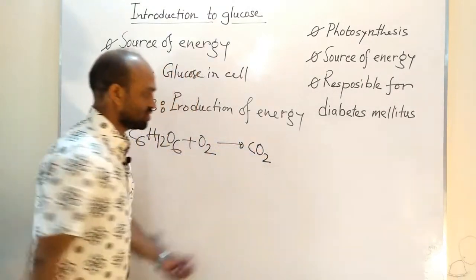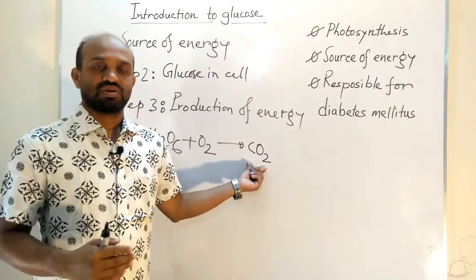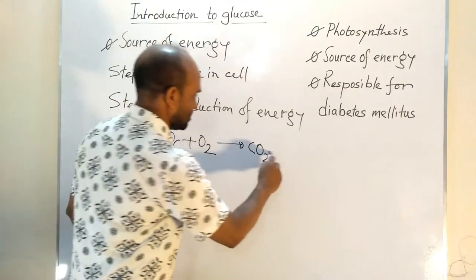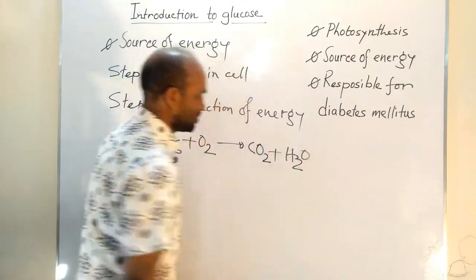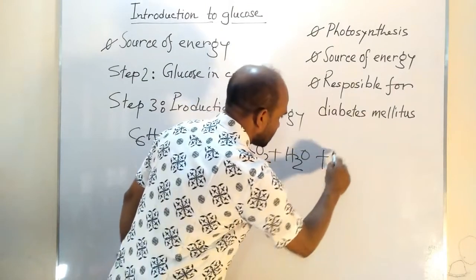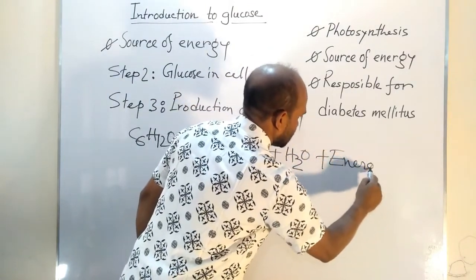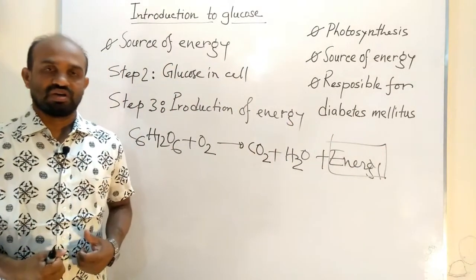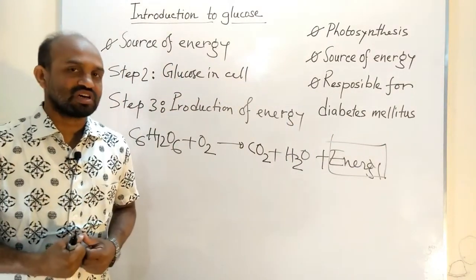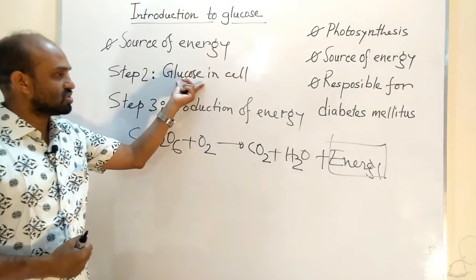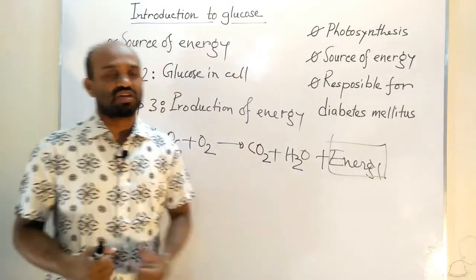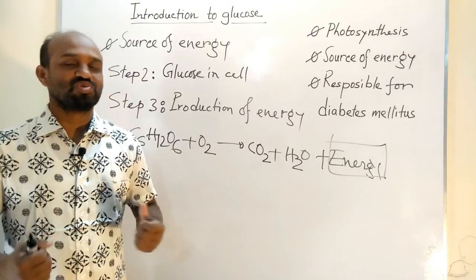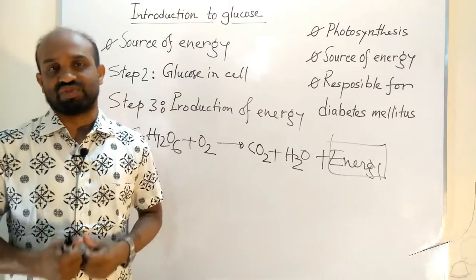Carbon dioxide is formed which goes out during exhalation, and water is formed and energy is formed. This energy actually is used to run the living body. So this is the function of glucose, to produce energy in the living body. So that is why it is said that glucose is a source of energy.